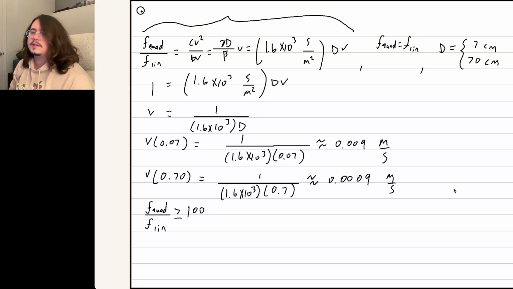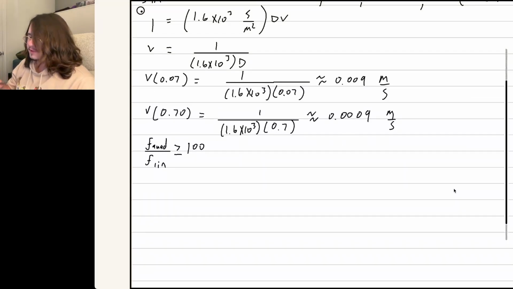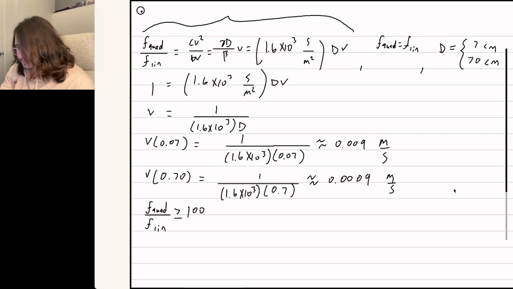In that range, you can treat the friction as being entirely quadratic. So you can use that as our ratio.